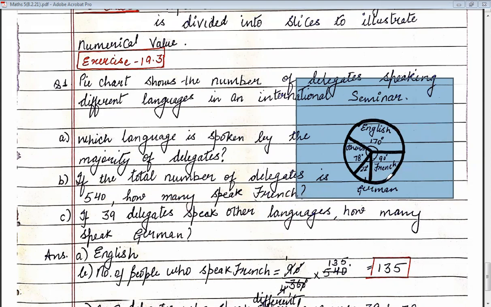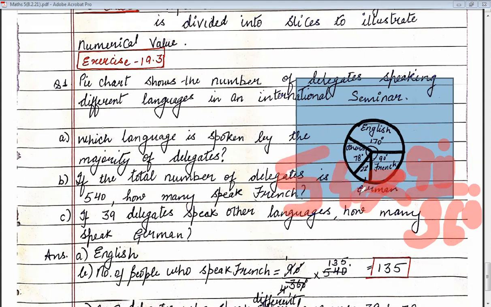So now children, what is the angle given for French? That is 90. The formula is, you have to write 90 degrees divided by the total angle. Can you tell me what is the total angle of a circular region? That is 360 degrees, the complete angle. So 90 divided by 360 multiplied by total delegates, that is 540.